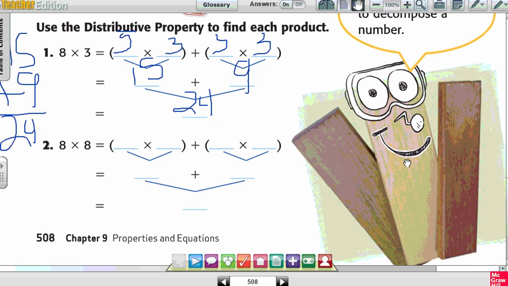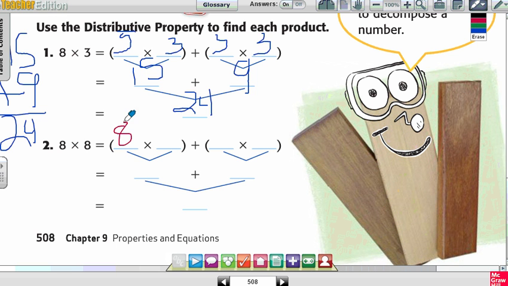So I have 8 times 8, and I want to decompose one of the 8s. I only need to decompose one of the 8s, so one of them stays the same. To decompose 8, I can use 3 and 5. I could also use 6 and 2, or I could even use 4 and 4, right?